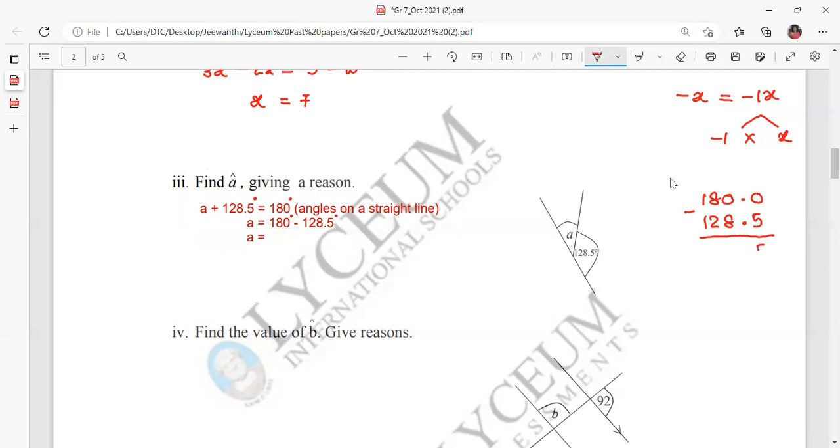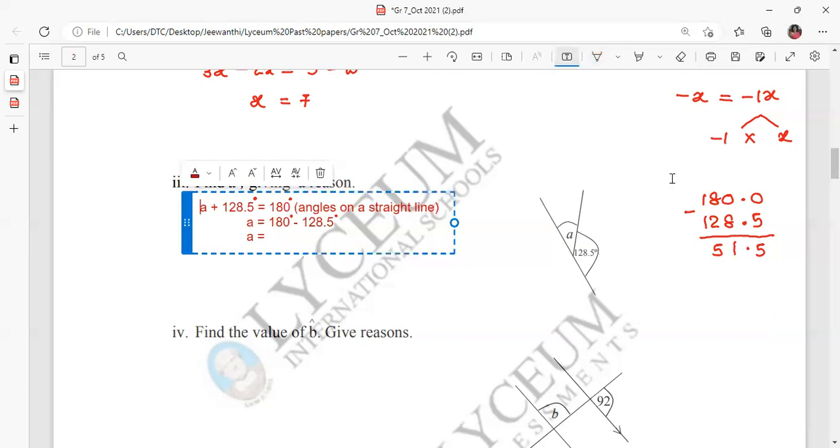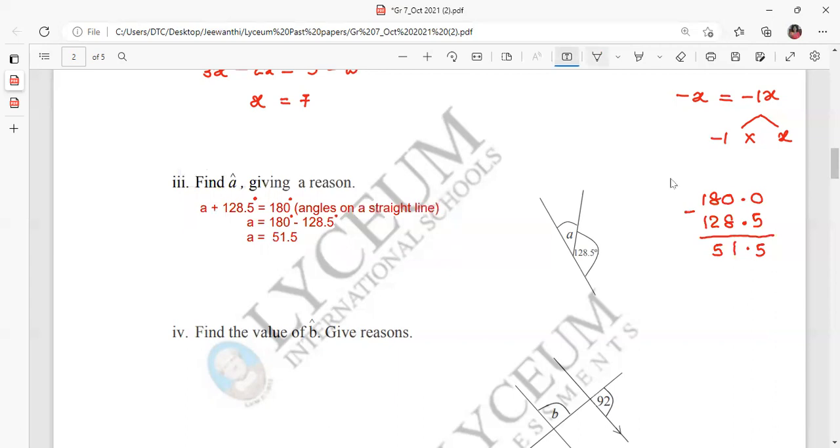So then this should be 5. This should be 1. Right. You can double check whether it is correct. 5 plus 5, 10. 8 plus 1, 9 plus 1, 10. 6 plus 2, 8. Yes. So then the answer should be 51.5. Right? That is the answer, 51.5.